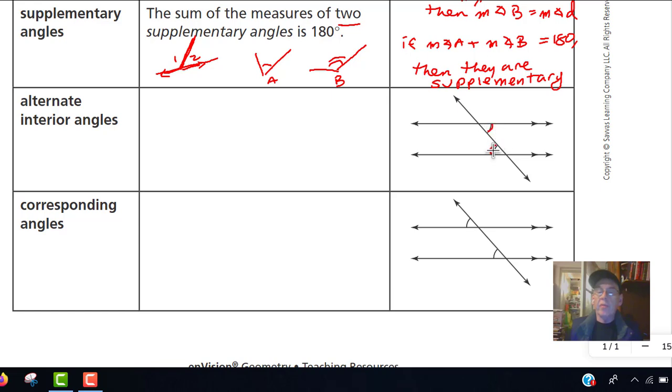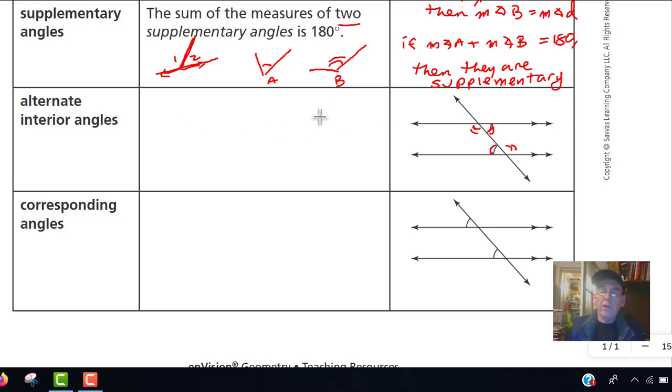So in the diagram, this is a pair of alternate interior angles, and also we have another pair of alternate interior angles on the other side. These are marked with double marks. They're going to be congruent to each other because the lines are parallel.